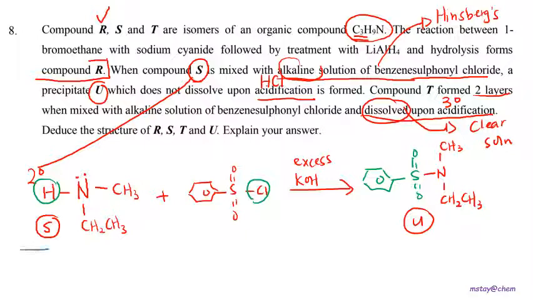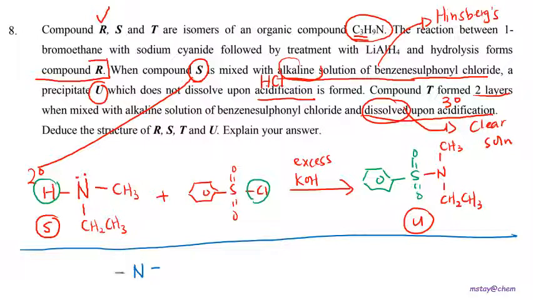As usual, we draw the nitrogen with 3 bonds and 1 lone pair. Since it is a tertiary amine, all 3 bonds must be bonded to alkyl groups. We have 3 carbons, so it is very fair: each bond will have 1 carbon, which is a methyl group. So this definitely is the structure for T.